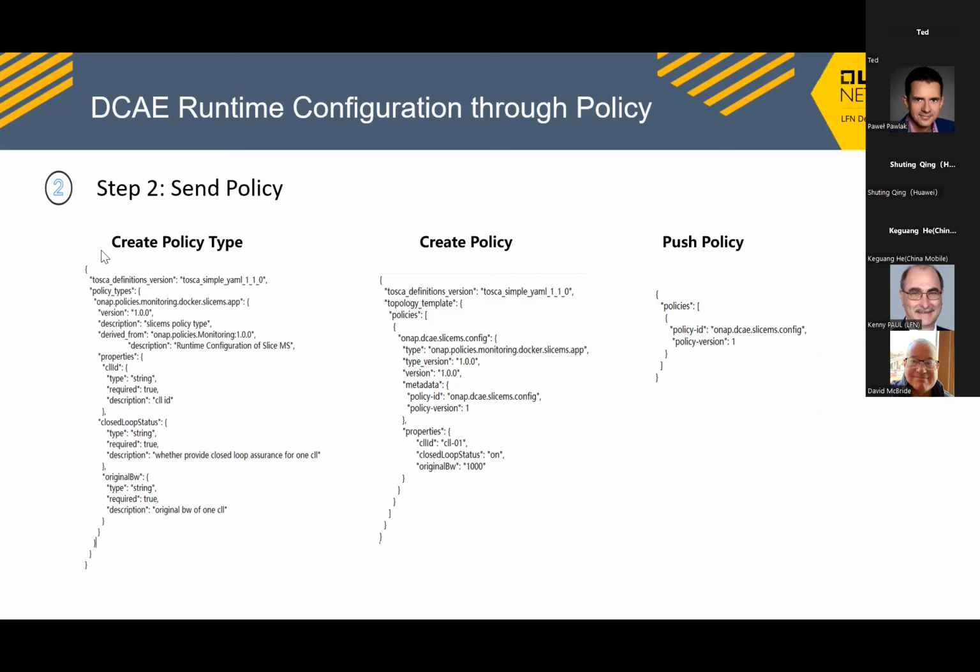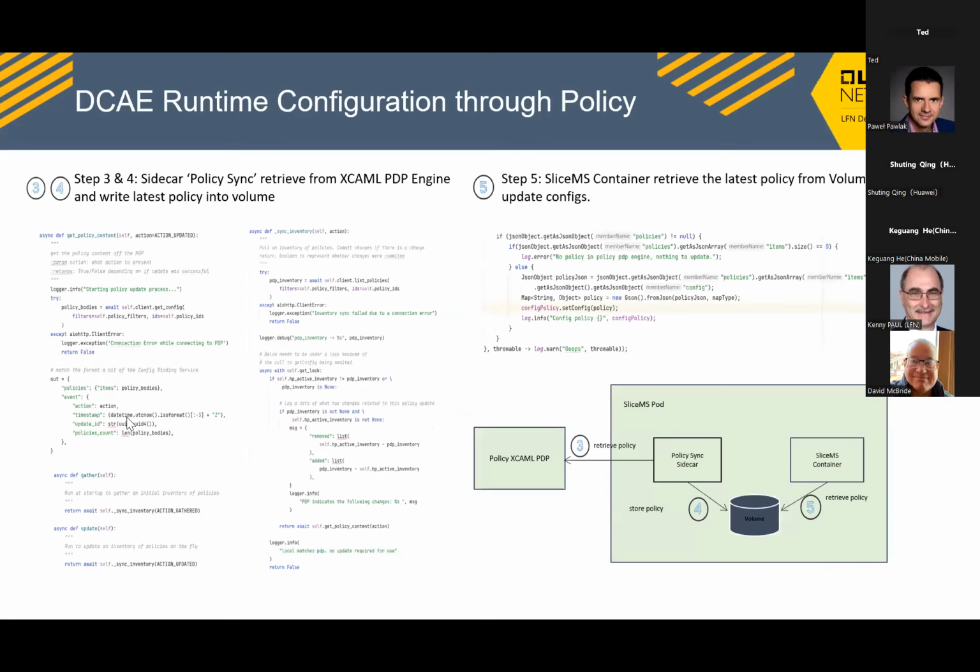Next, the policy sync explains how we retrieve the data from the policy PDP engine. This stands for step 3. We have an HTTP request to the PDP engine to retrieve the data, reformat the data into a new format and write it to the volume.